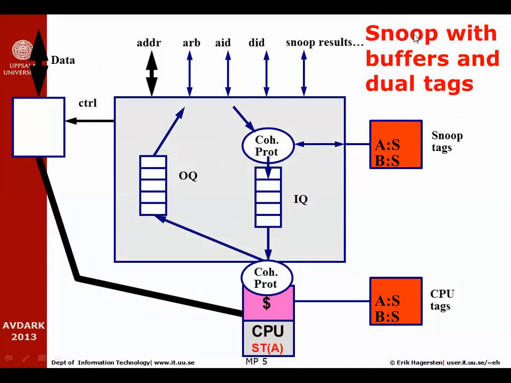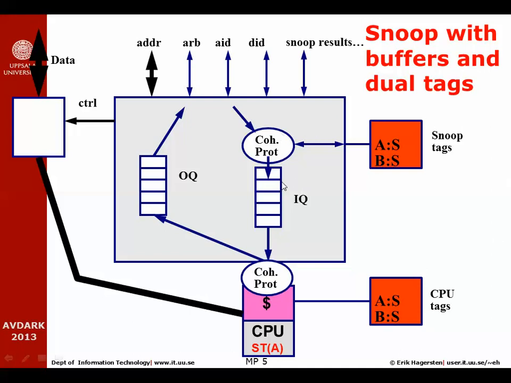I already said that there is buffering going on between the Snoop protocols and this bus. So at the top here we have the bus with all the signals of the bus, and you can drive the bus or you can listen to the bus. And at the top we have the coherence protocol, the snooping cache coherence protocol, and that state machine we discussed before. It's a dual tag design, so the Snoop cache coherence protocol looks into the Snoop tags.